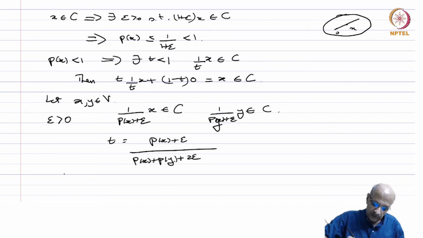Then 0 is less than T, which is less than 1, and C is convex.